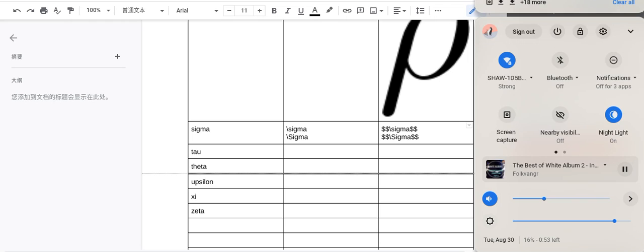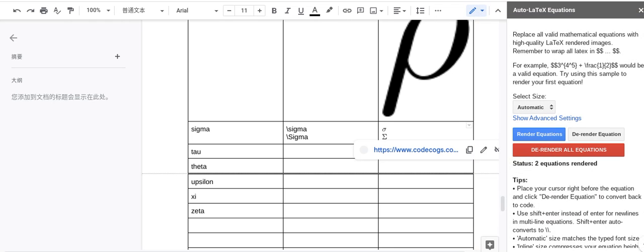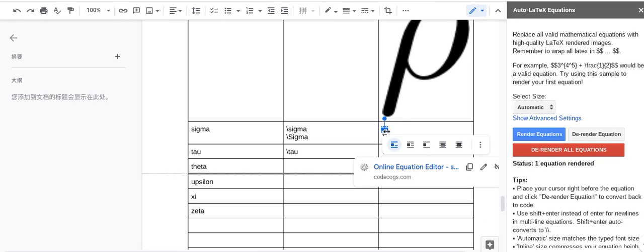I'm just going to look at the time. And the next one is going to be tau. So tau, it will be like this, right? And then you add the dollar sign before and after it again. Let me first magnify this. Just give me a sec.